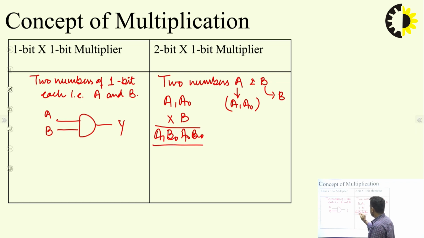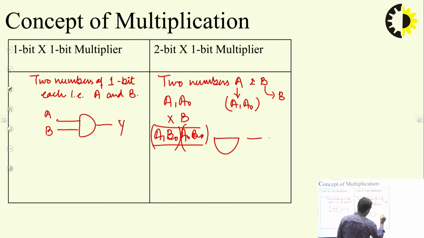These two products are individual products, and they do not have any relation with each other. So if you want to design a circuit for this, we need two AND gates.